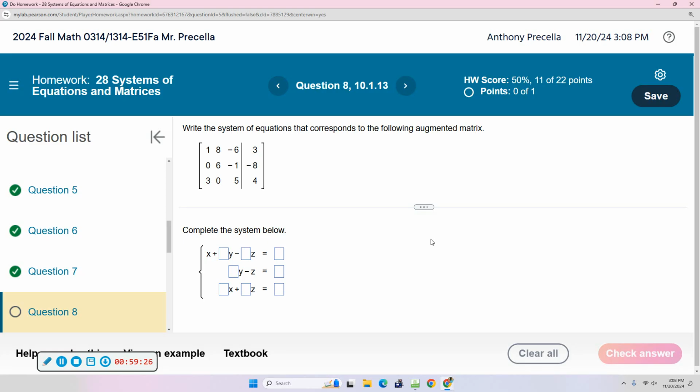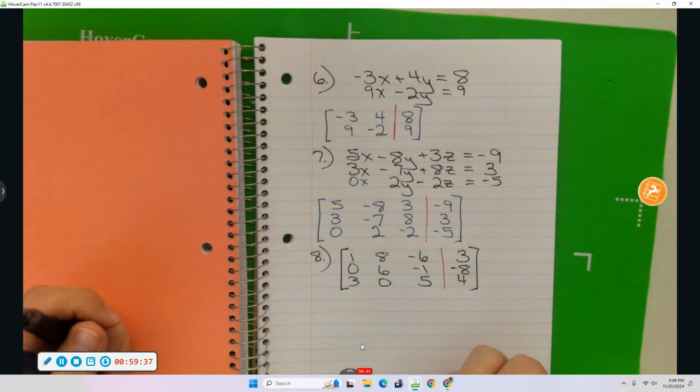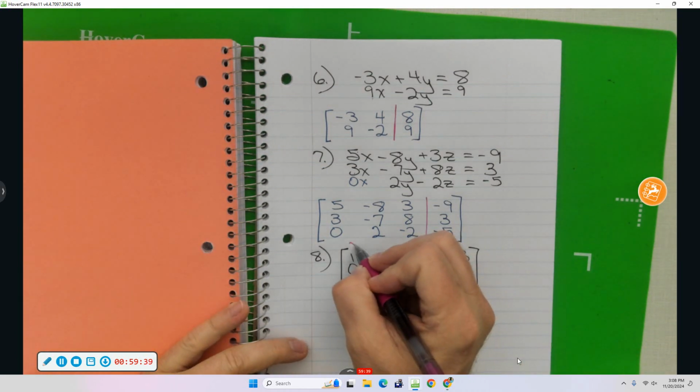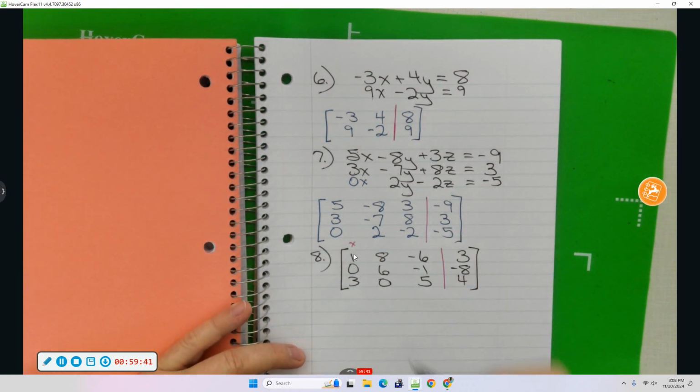Okay. A quick glance shows that they're using X, Y, and Z in the answer format. So I'll switch over to my paper. The first column will be the coefficients for X, the second one for y, the third for z.